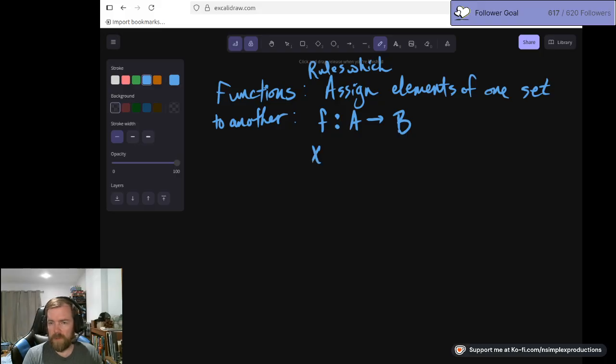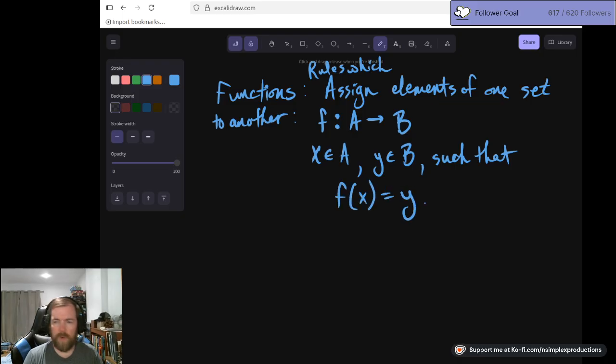Normally we say something like x is an element of A and y is an element of B, such that f of x is equal to y.